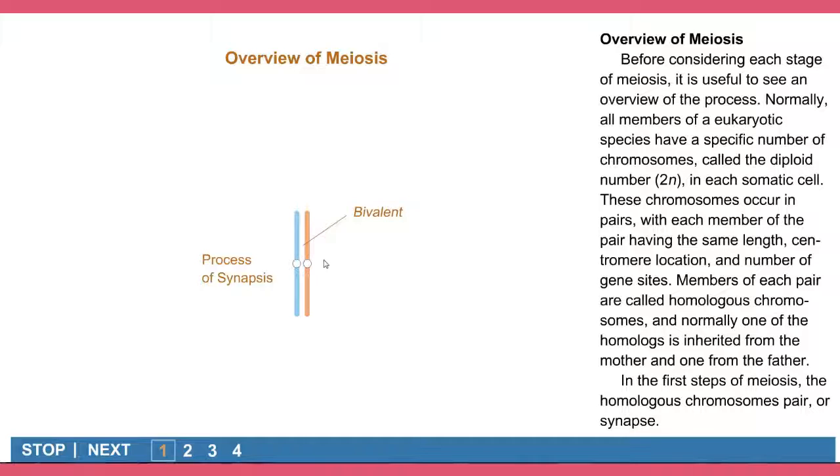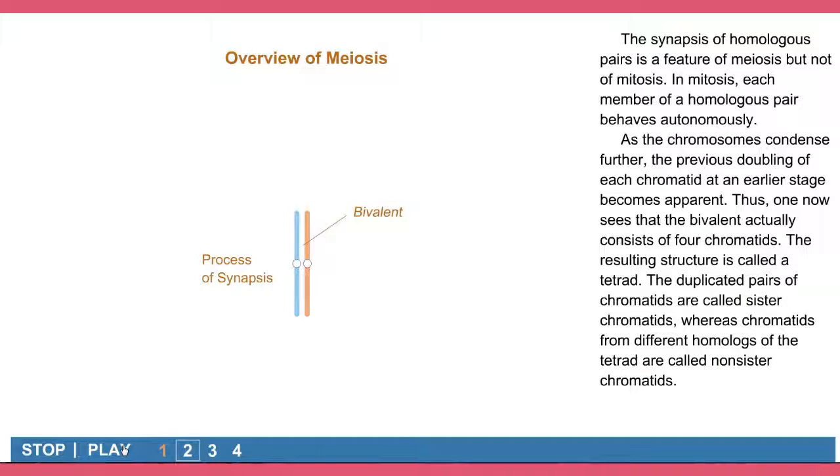And at first, you can't see the sister chromatids because the condensation of the chromosomes is ongoing throughout the first phases of meiosis. And so at first, it just looks like there's only 2, and that's why it's referred to as a bivalent. But as prophase continues on, it becomes more apparent that the sister chromatids become visible.